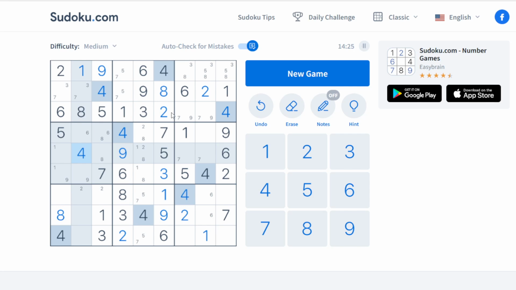Okay. Now what do we look at? We have another 3 right here. Yeah, let's take a look at that then. So this could be a 1, 2. This could be a 3, 4, 5, 6, 7, or an 8.